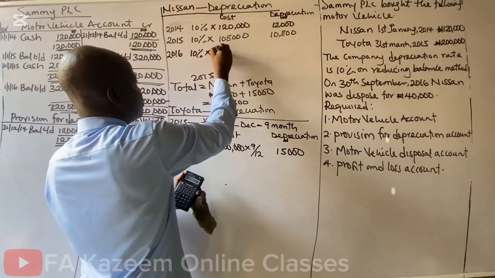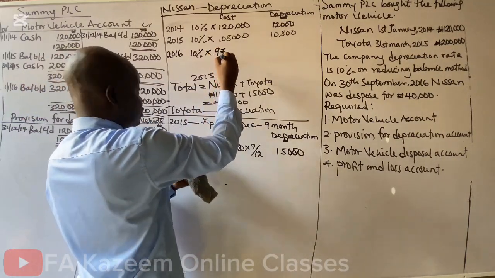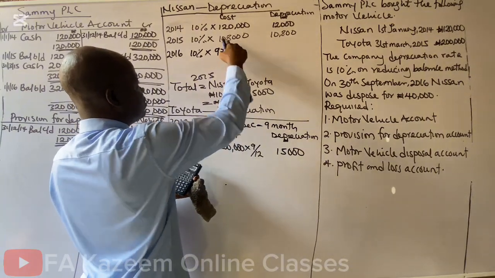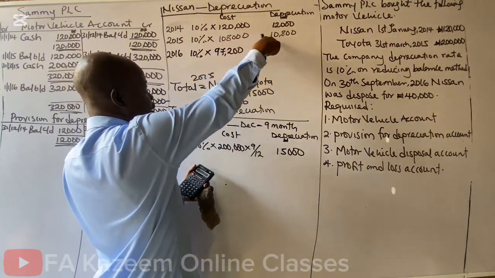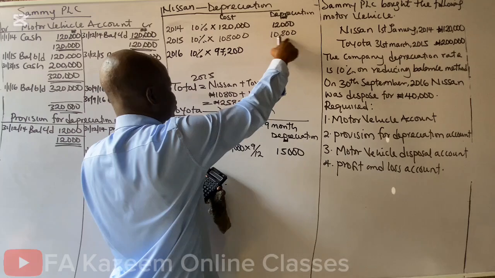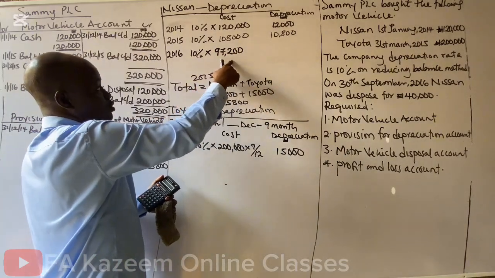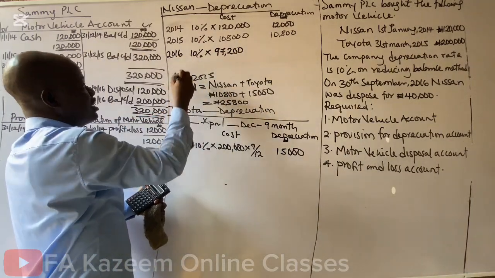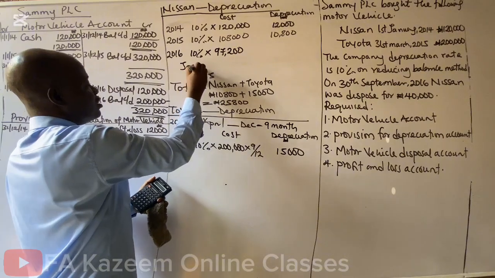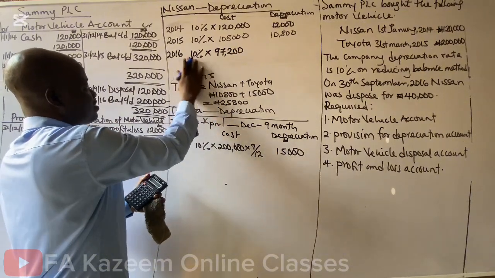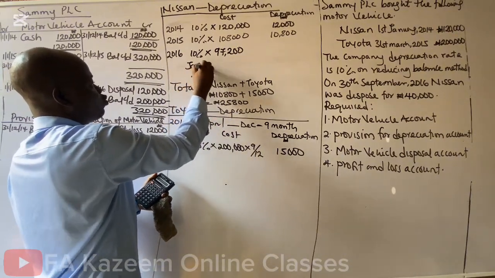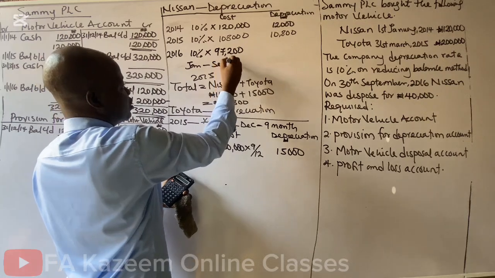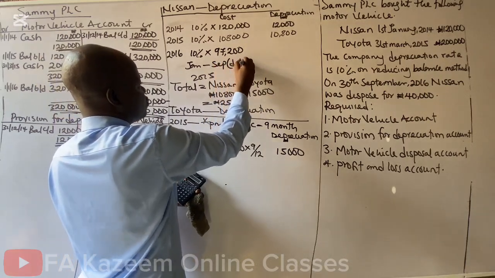We have 97,200. How do we get this? 108,000 minus the previous depreciation of 10,800 gives us 97,200. But in 2016, Nissan only spent January to when it was disposed of, in September.